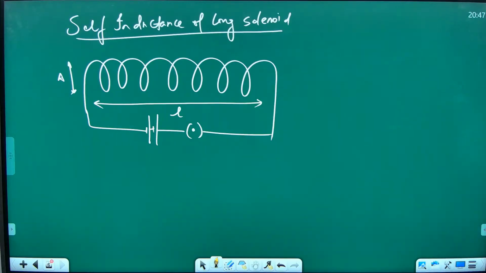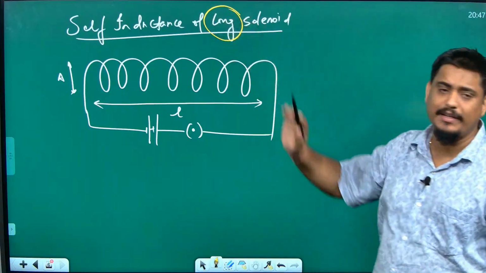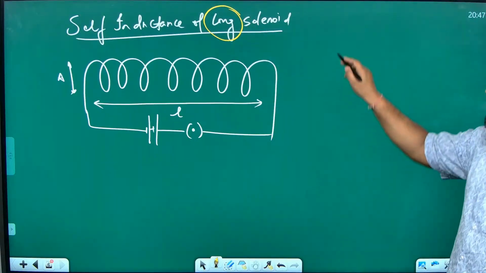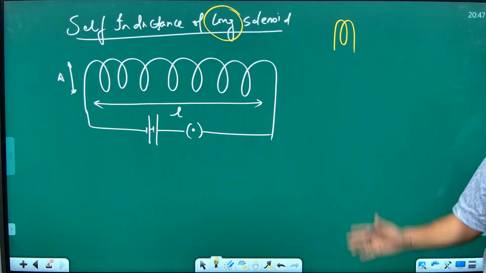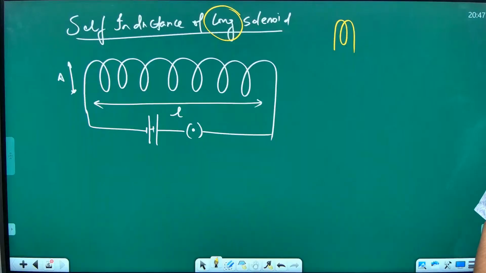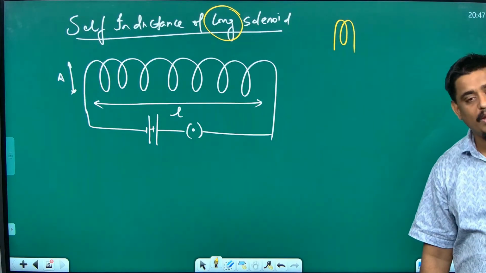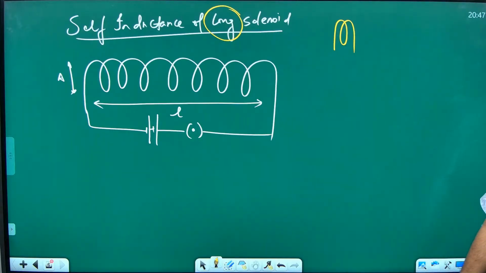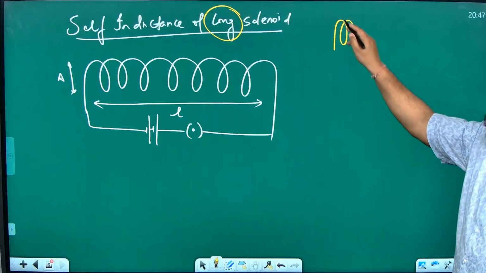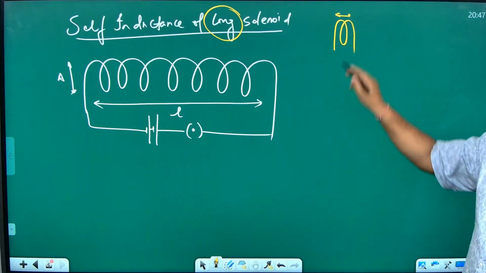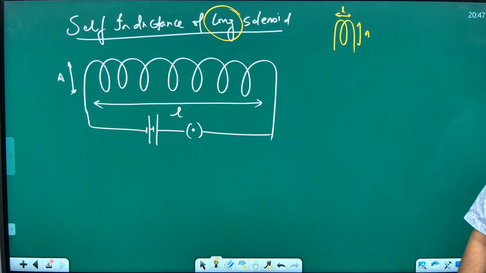If you wonder why they have used the word long, why not just solenoid? See, this is also a solenoid, right? Coil, solenoid only. But this will not have B is equal to mu naught Ni. You know why? No, if I take 2 turns also, no problem. Problem is, here the length of solenoid is smaller than its area of cross section.